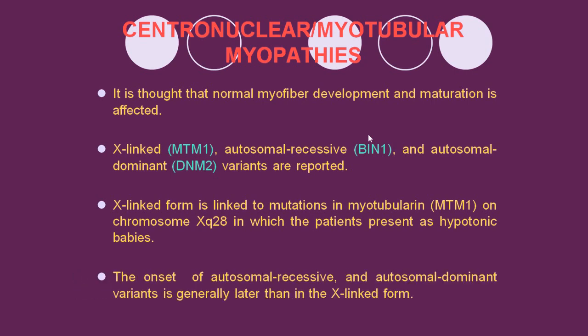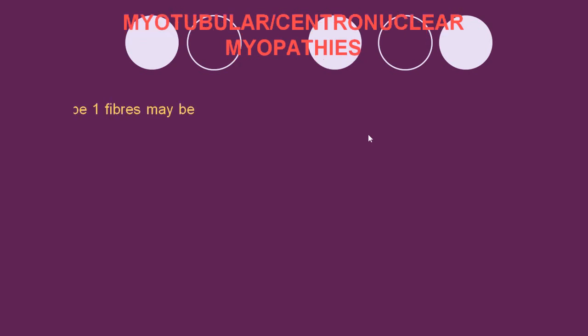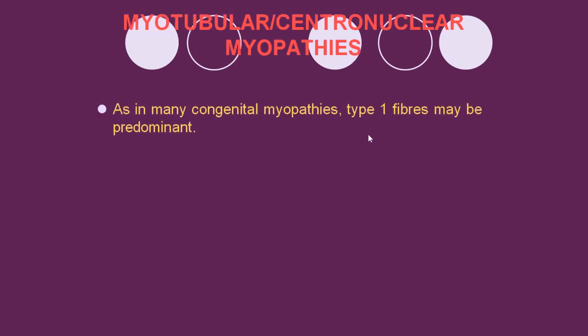The onset of autosomal recessive and autosomal dominant variants is generally later than the X-linked form.